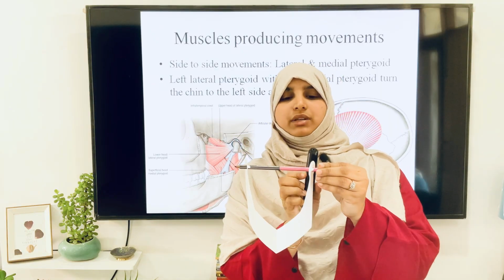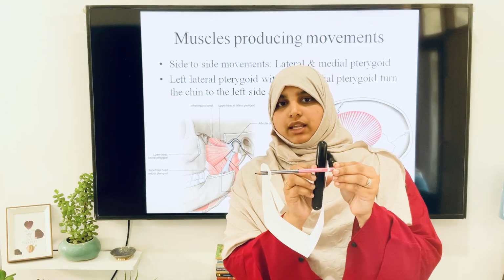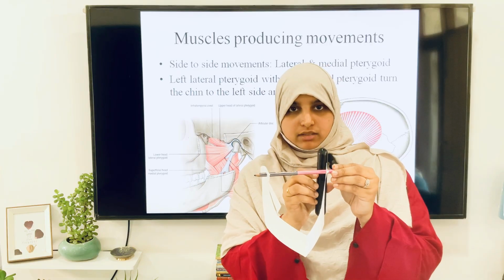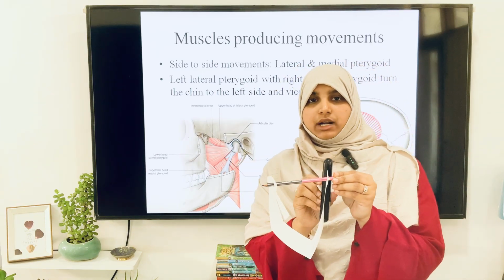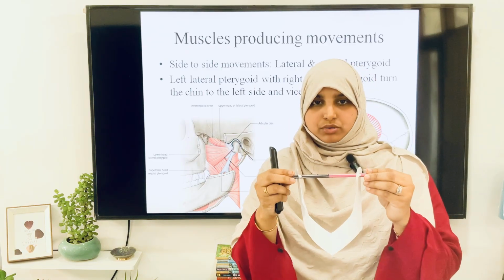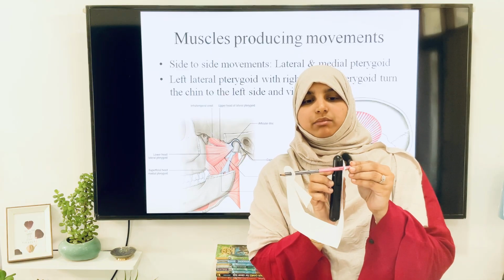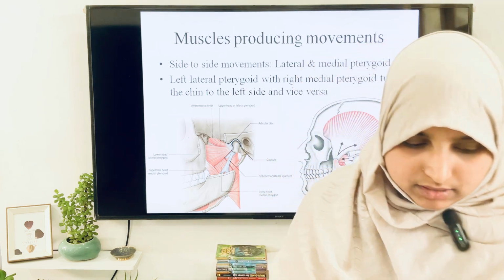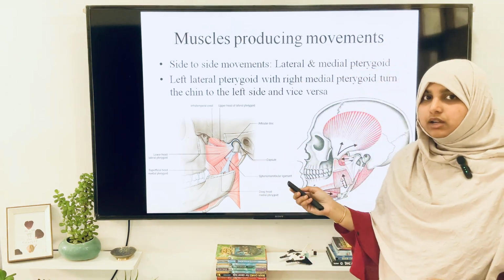For that, there is a slight rotatory movement in the left side TMJ across one more axis, a vertical axis passing through the posterior aspect of the head of the mandible and the posterior ramus of the mandible. So first there is protrusion by the pterygoids, whereas on the left side there is retraction. At the same time, there is rotation around this posterior vertical axis. These are the two axes causing the side to side movements.